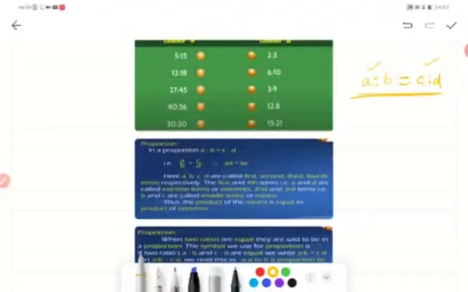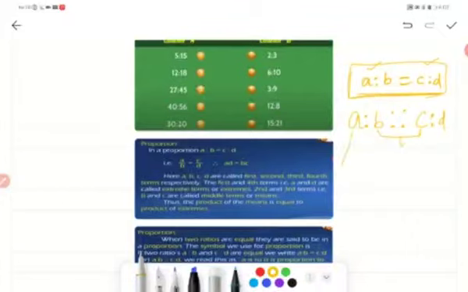Now the main thing is, you can represent the proportion like this or like this. That is, when two ratios are equal, you also represent them like this. The terms which are in the middle, you call them mean terms or middle terms.